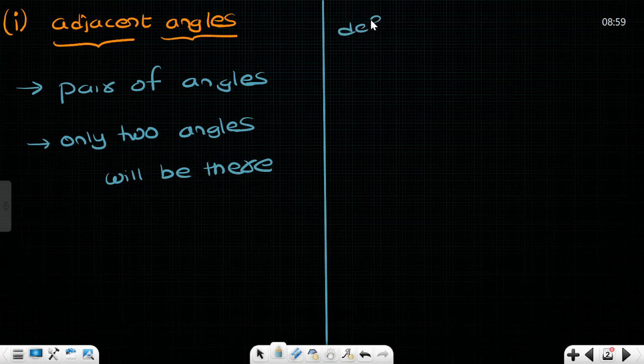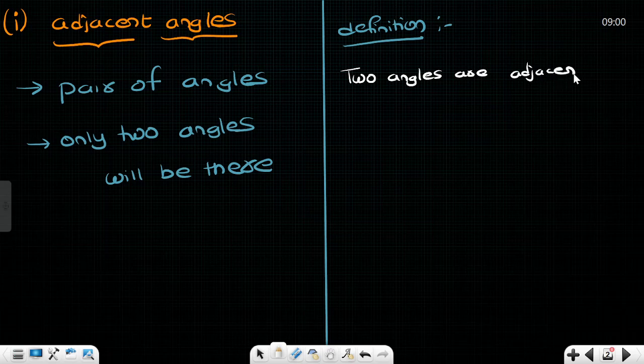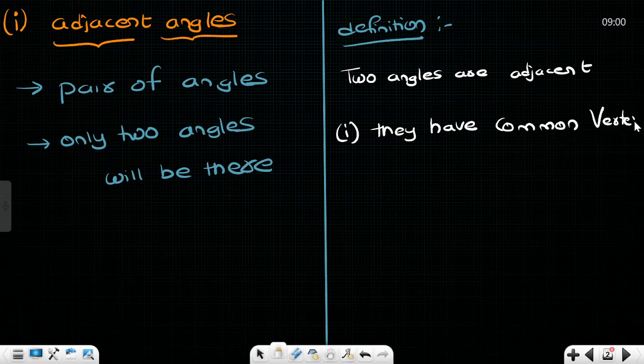So now what exactly are adjacent angles? I am writing the definition over here. The definition is, two angles are adjacent if, first condition, they have a common vertex. Second point, they have a common arm.